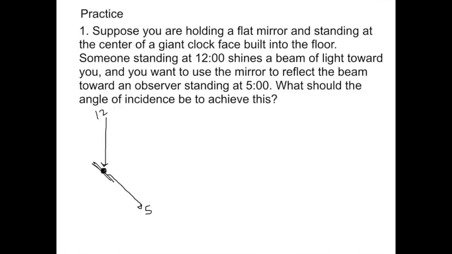So the first step would be to determine the angle between 12 o'clock and 5 o'clock. We know that 5 hours on a clock is 5/12 of the total distance around the clock, which is also 360 degrees. We can solve for the angle between these two times by multiplying 5/12 times 360, which is 150 degrees.